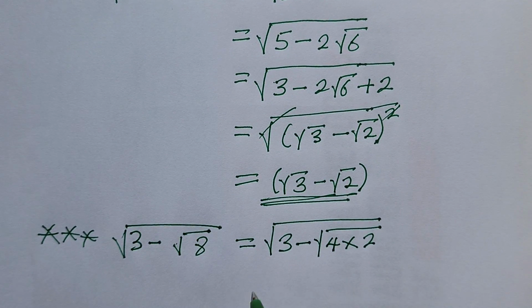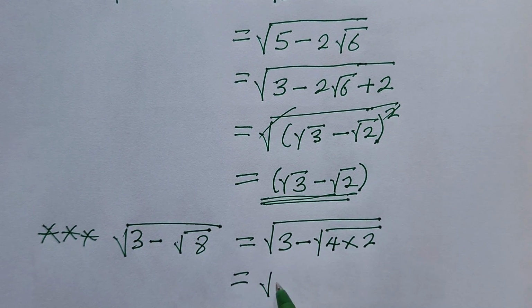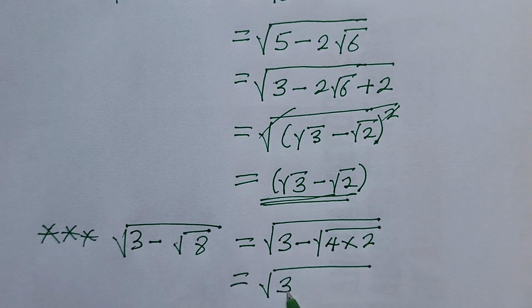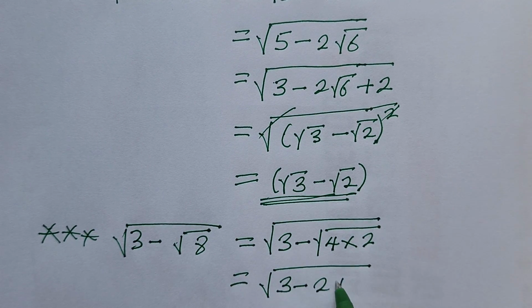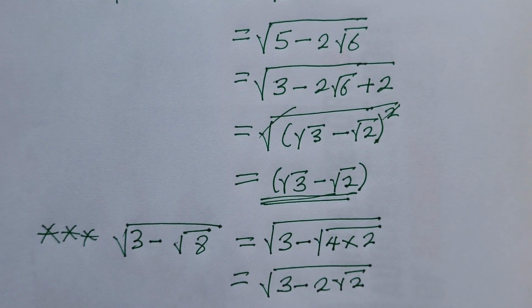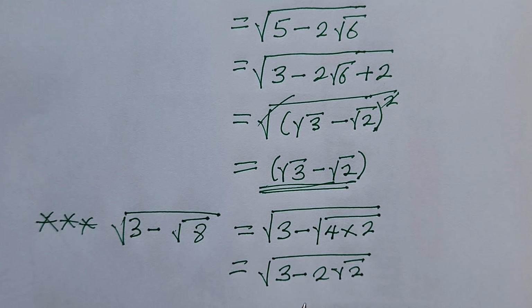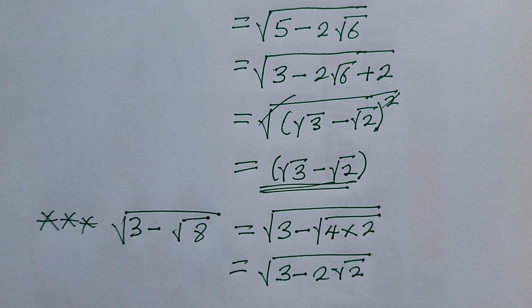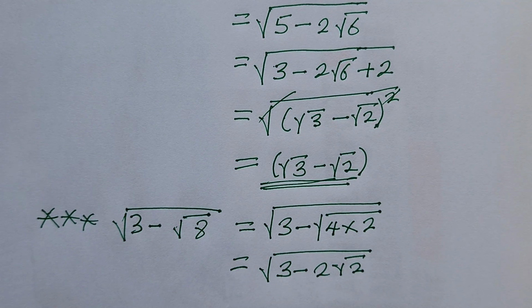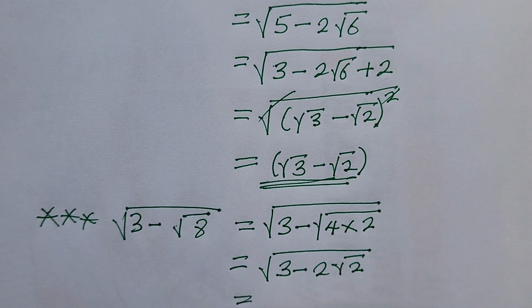So 4 is a perfect square. Automatically we're going to have this to be the square root of 3 minus 2 times the square root of 2. Though this took me some time before I could factor out two numbers that I will subtract, including the square, to give me this expression back. At the end, I came up with this.